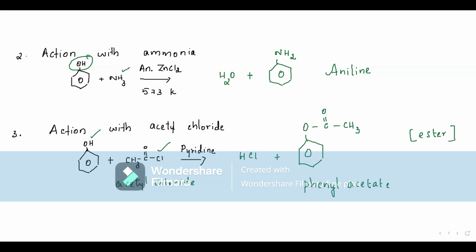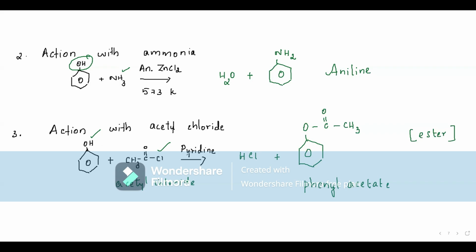Now, this reaction tells us about the acidic nature of phenol. This reaction highlights that phenol can lose its hydrogen, and any compound that can lose its hydrogen as H plus is an acid.